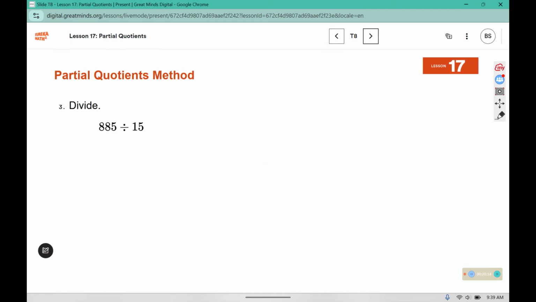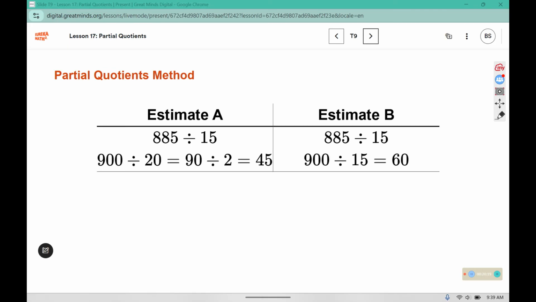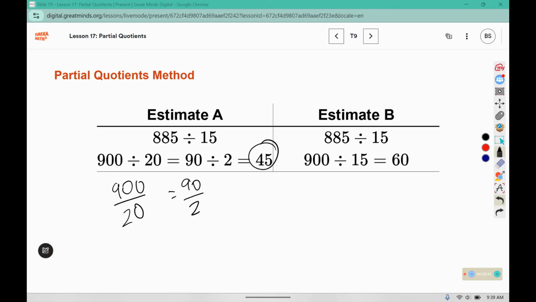Here we see 885 divided by 15. Here I have two approximations. This is about 900 and 15 is about 20. They can reduce it by 10. 90 split into two parts is 45.